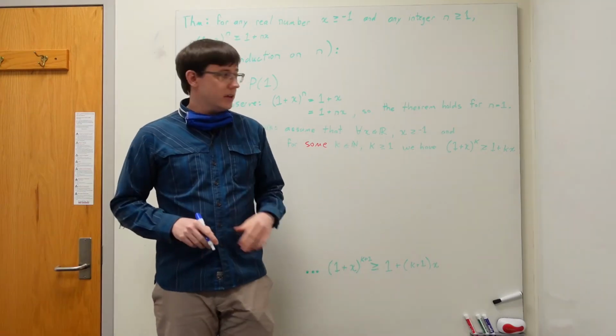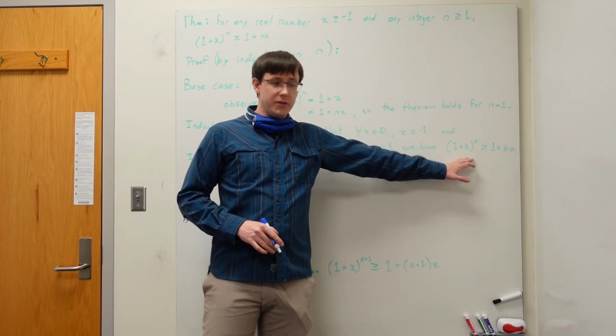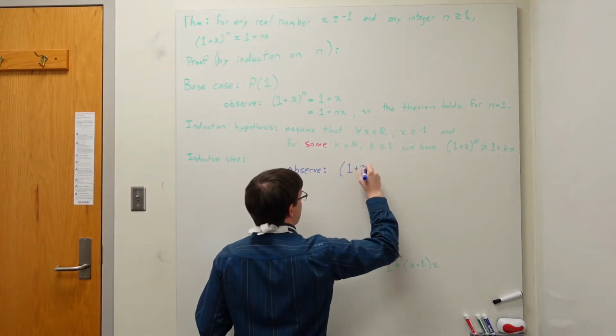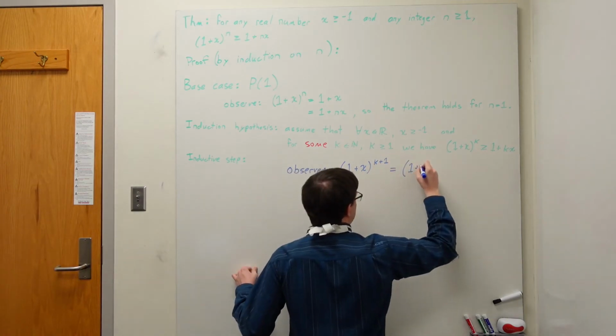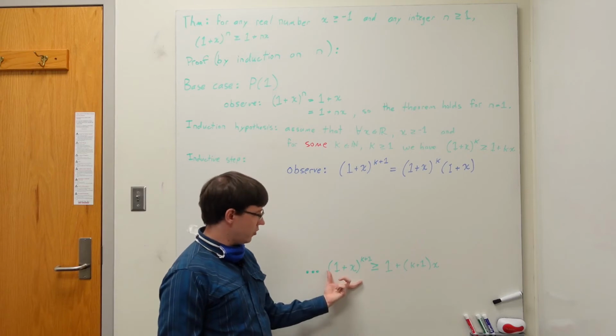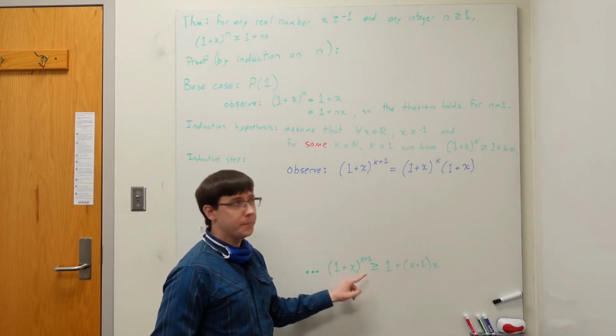So now our task is to show a valid chain of reasoning that gets us from our hypothesis to our conclusion. So our goal is to show a formula in terms of (1 plus x) to the k plus 1.